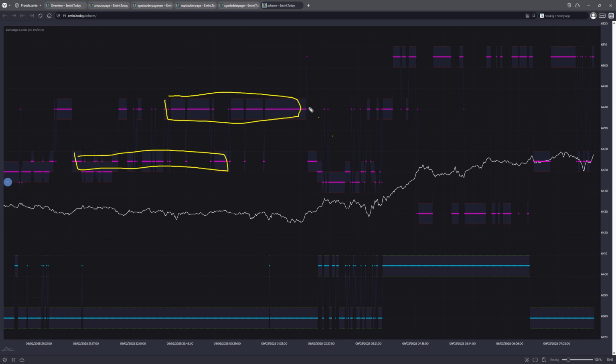So if price gets to this area at some point, then I would treat it as some significant dehedging area. Now, the longer it is absent, the less strength it has. So the probability that there will be dehedging is getting lower the longer the level is not there.